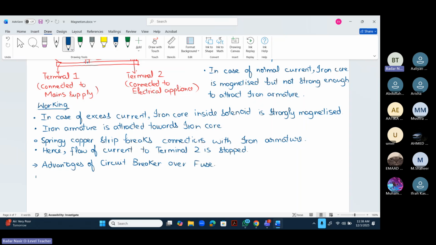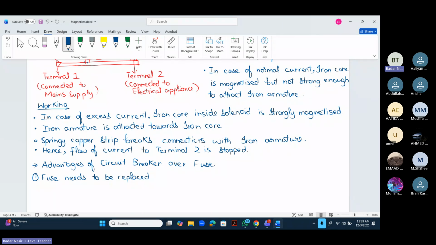So सबसे बिगेस्ट एडवांटेज ये है कि सर्किट ब्रेकर को हमें बार बार रिप्लेस नहीं करना पड़ता, फ्यूज को रिप्लेस करना पड़ता है। Fuse needs to be replaced, जबकि जैसे हमारे घर में भी सर्किट ब्रेकर लगा होता है तो व्हेन देयर इज अ फ्लक्चुएशन इन द वोल्टेज और द करंट तो जो सर्किट ब्रेकर है वो ट्रिप कर जाता है। So what we do when the current just gets normal, we just turn it on again.